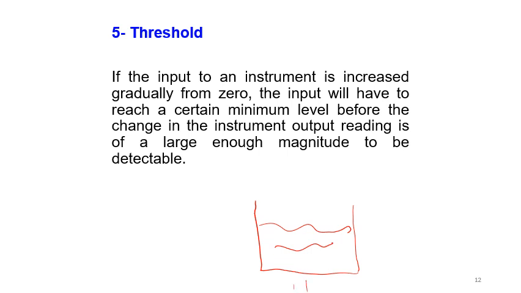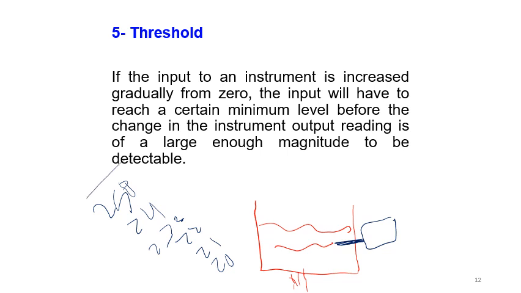Here we are putting a source of heat, and the temperature is measured by a certain device. This is the device. Here is the measurement. Let's say the temperature is increasing: 20, 21, 22, 23, 24, 25 degrees Celsius. At 25 degrees Celsius, the device starts to show 25.